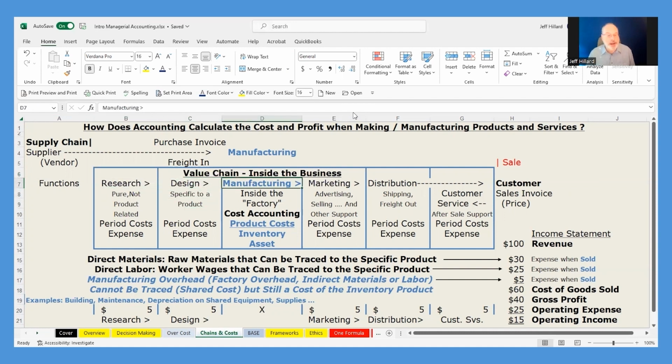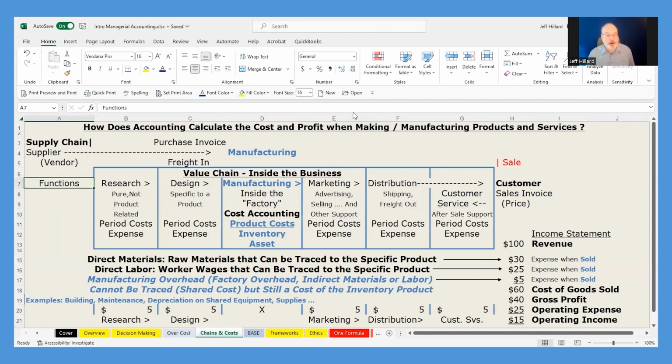Then we actually make it in manufacturing inside the factory. These are what's known as product costs, which are an asset. Then we have marketing, which is advertising, selling, and other support costs, and distribution, which is shipping out and freight out. And once it goes to the customer, if the customer comes back, there's customer service after sales support.